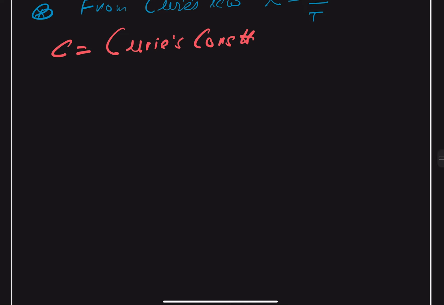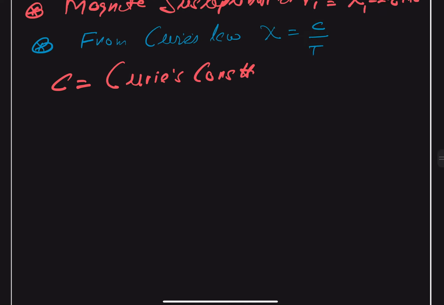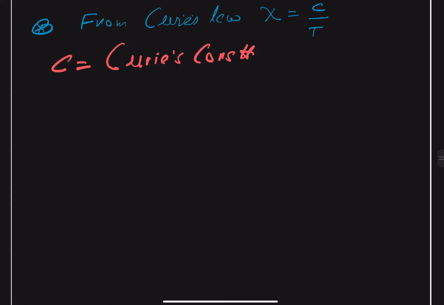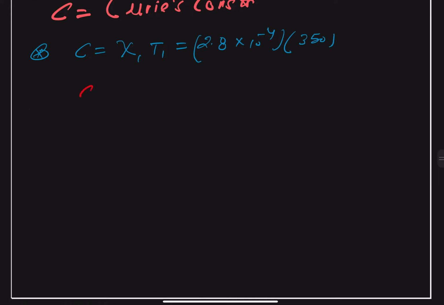And we can write this equation as C is equal to xi1 into T1. So this gives us 2.8 into 10 to the power minus 4, and temperature is 350 Kelvin. This gives us C is equal to 0.098.